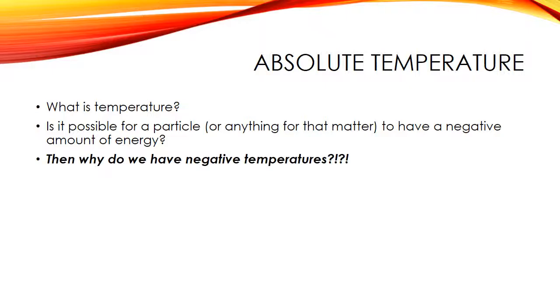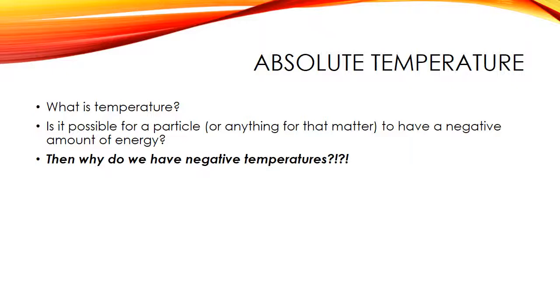So the question becomes, why do we have negative temperatures then? If temperature is an average kinetic energy and energy cannot be negative, why is it that on the Celsius and Fahrenheit scales, the two scales we're most familiar with, we have negative values?